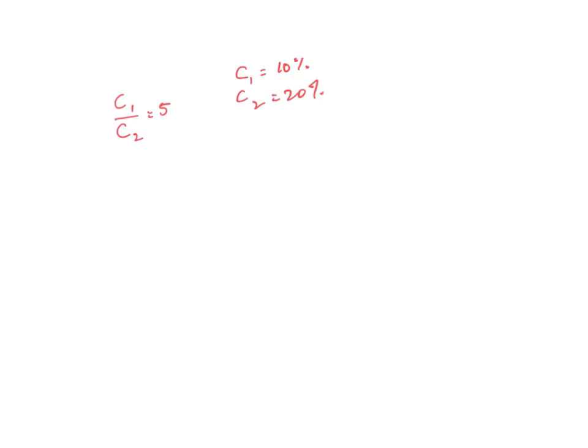Yeah, so let's start with this information. Basically, I've kept all the numbers the same that we were using. C1 by C2, the exchange rate is 5, and the interest rates are 10% and 20%. Now let's use the covered interest rate parity.